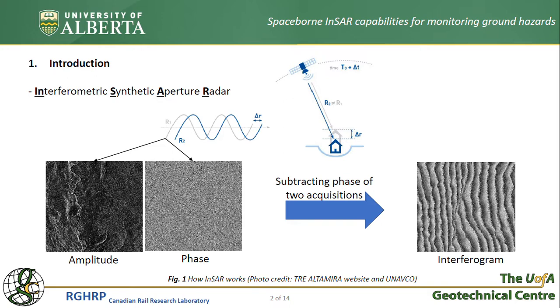The next time the satellite passes the same point, it gets a second backscatter acquisition. If the phase of the two backscattered waves is subtracted, a pattern of concentric ramps is obtained, known as an interferogram. This interferogram can be transformed to displacement after certain processing stages and removing unfavorable layers.